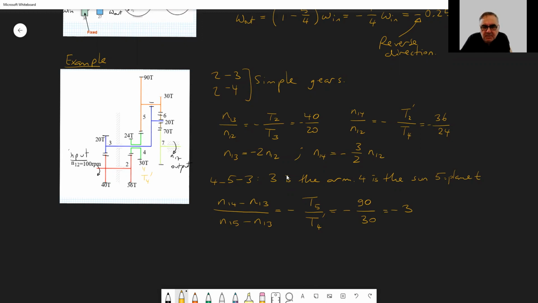It's not that difficult. n14 is known in terms of n12. So minus minus is a plus, 2 n12 divided by minus n13, is 2 n12.